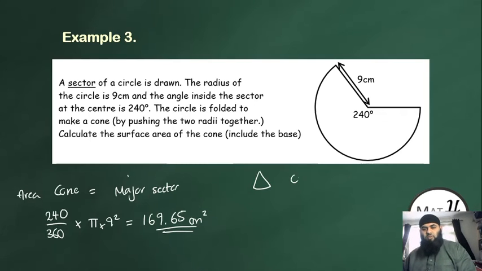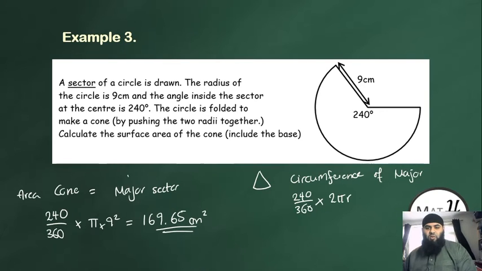The circumference of the major sector, in terms of fraction, is 240 over 360, because that's how much of a circle we have, times 2 pi r.